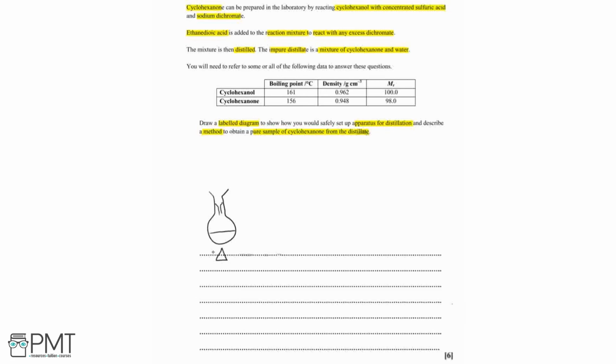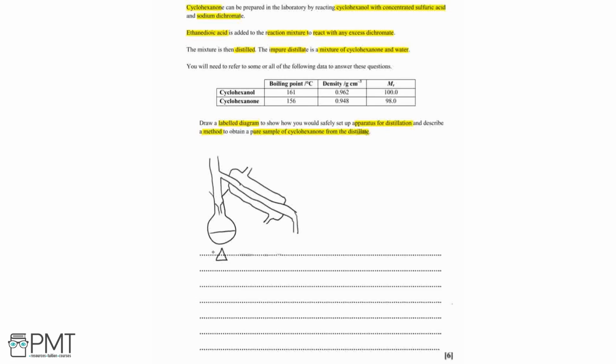So we've got some glassware to connect all of our different bits together, and we need to connect this to a Liebig condenser overall. So we have a delivery tube which runs all the way down to the bottom, and then our condenser will be connected onto this. So it will look something like this overall.